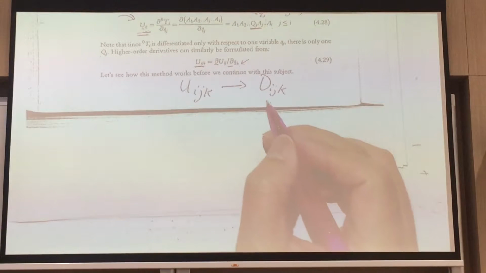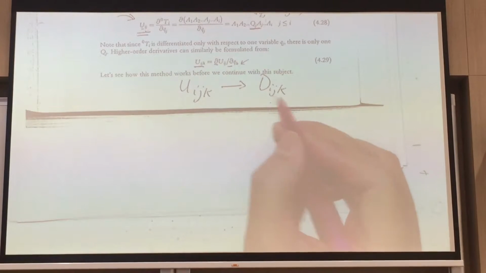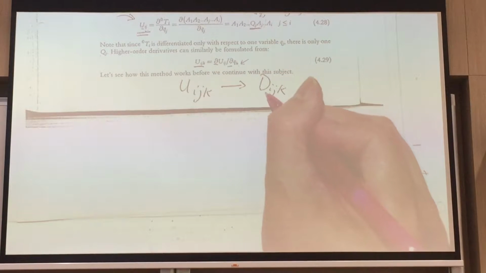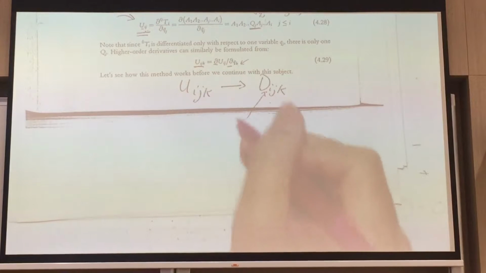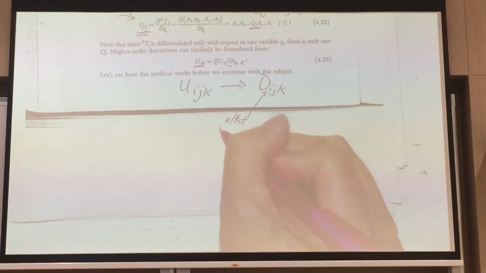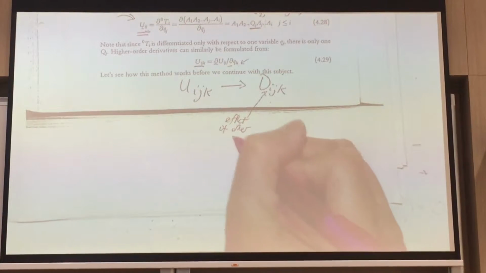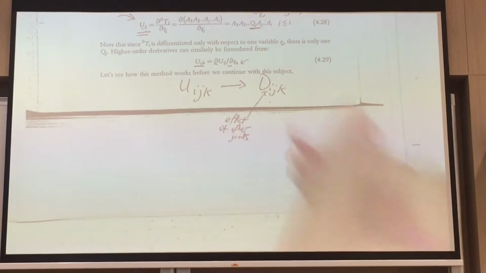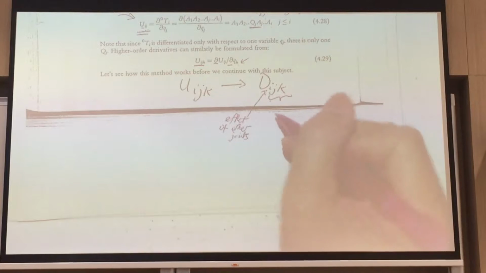The D is the inertial matrix that you saw just now for the 2 degree of freedom robot. In this case, the i here stands for the effect of other joints. And what are the other joints?